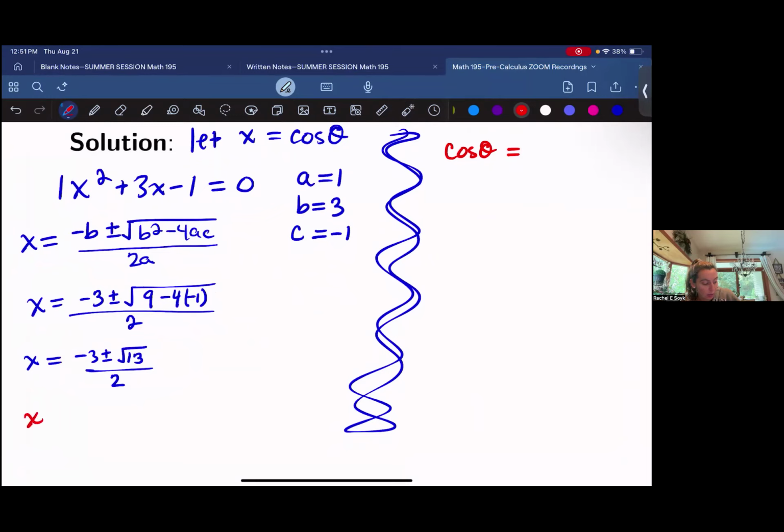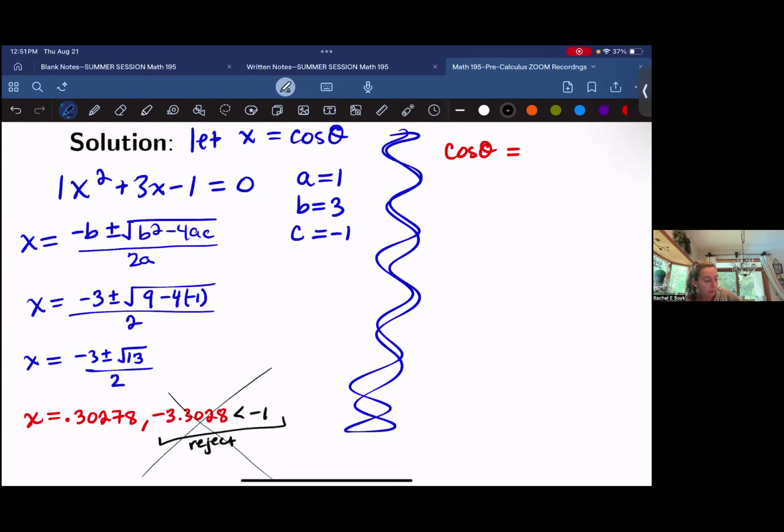In decimal form, negative 3 plus the square root of 13 gives us about 0.30278. But negative 3 minus the square root of 13 gives us about negative 3.3028. This value is less than negative 1, so it's not within that negative 1 to 1 range for our trigonometric function. Therefore, we need to reject this result.